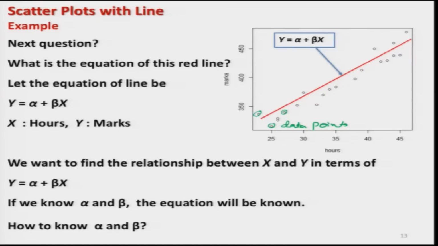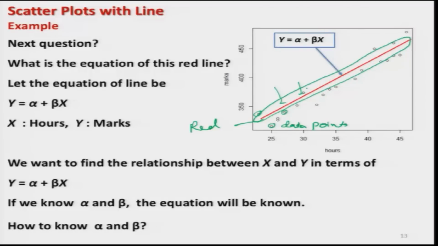And by my experience, I have drawn a line here which is indicated in red color, and I have done it manually, and I feel that this is a line which is representing the relationship between the values of x and y, and my objective is to know the equation of this line which is here in red color.